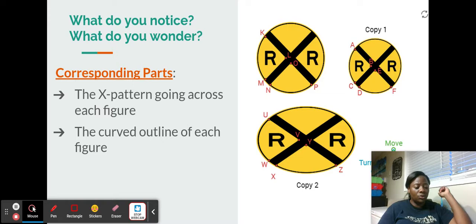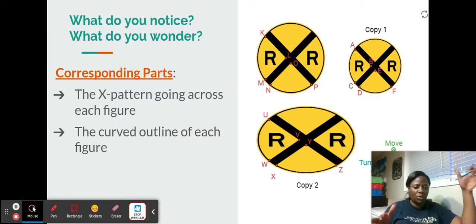From here, I want us to start writing down a definition of corresponding parts. You have options. If you look on the backboard, you will see that I already put the definition of corresponding parts. It should read something like: a part which occurs at the same related position on another figure.